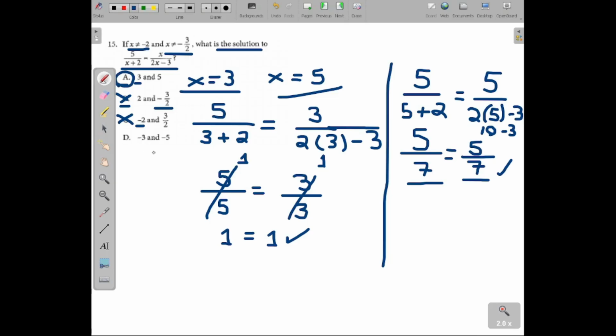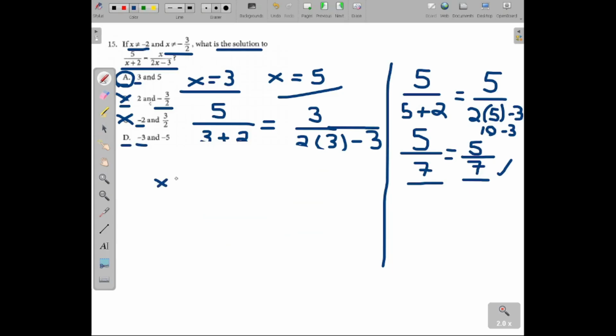But just for fun, let's see what happens when we try negative 3. x will be equal to negative 3.